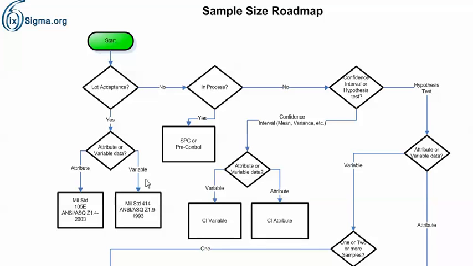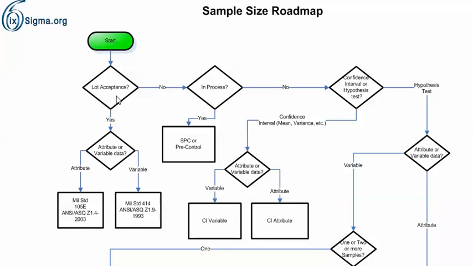If you're measuring variables, then you'll want to use US military standard 414 or ASQ Z1.9. I don't cover these in this module, perhaps at another time, but they're readily available. It's all pretty much table driven and quite easy to follow.